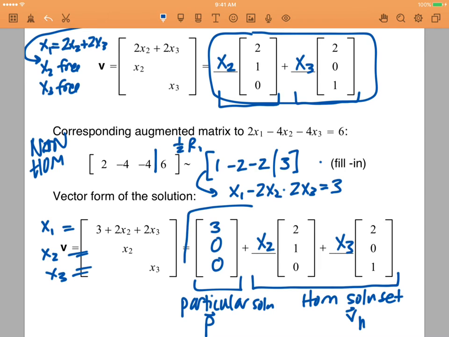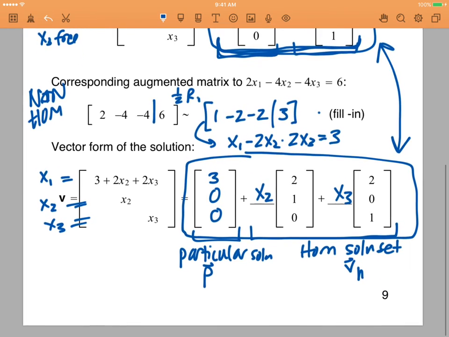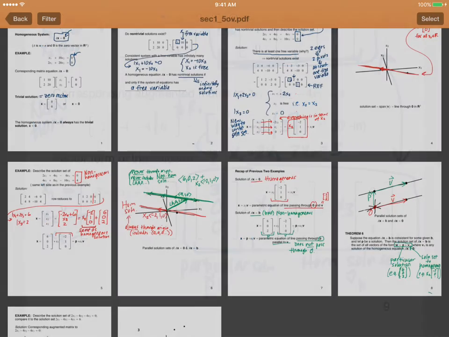So that's the complete solution there. I should put these all together. So just notice the contrast between those two with the extra constant term in the solution. And I think we're almost done.